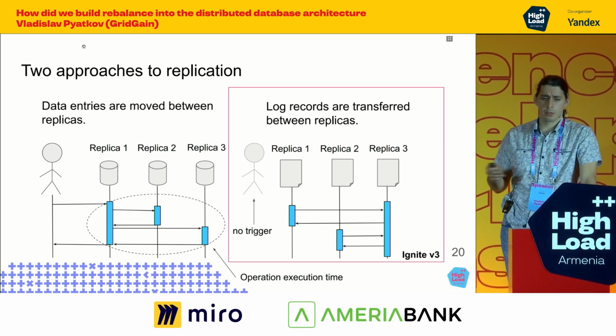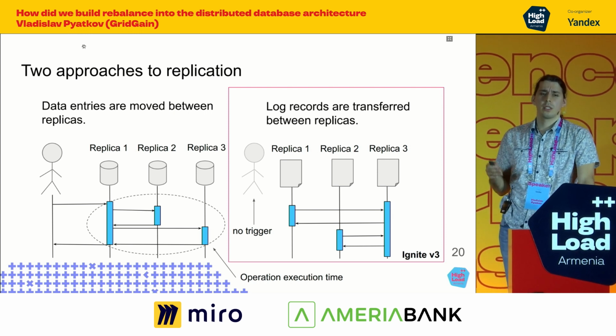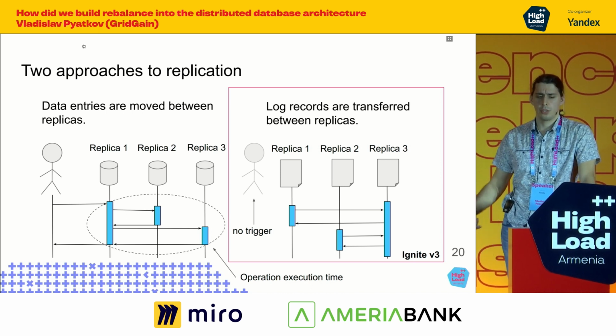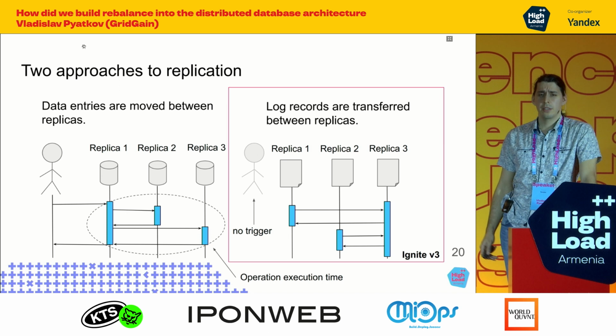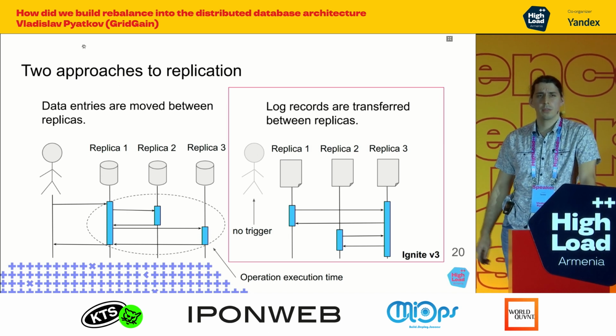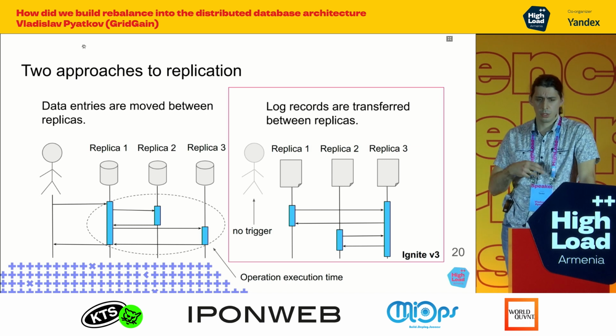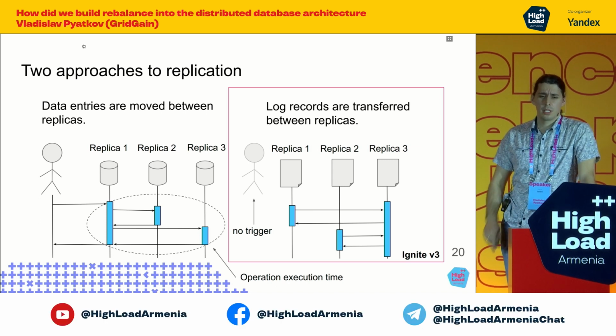Of course, the user modifies some data, but all modifications proposed to some node depend asynchronously on the operation executed by the user. The second approach is typical for Ignite 3. It's a new version. But if you remember, the first approach is typical for Ignite 2. It's the older one.